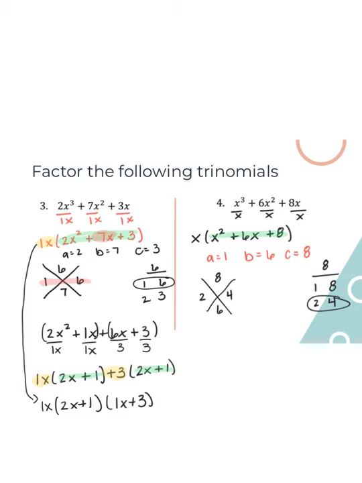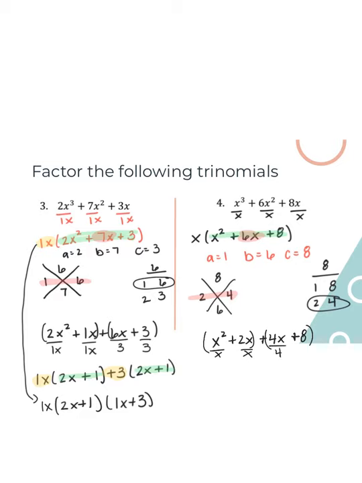Now I'm going to rewrite, replace this with those two. So I have x squared plus 2x plus 4x and end with plus 8. Chunk those two and those two. X squared and 2x, they both have an x in common.